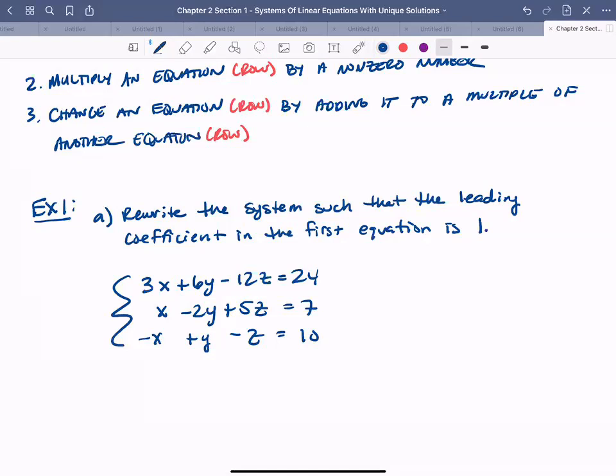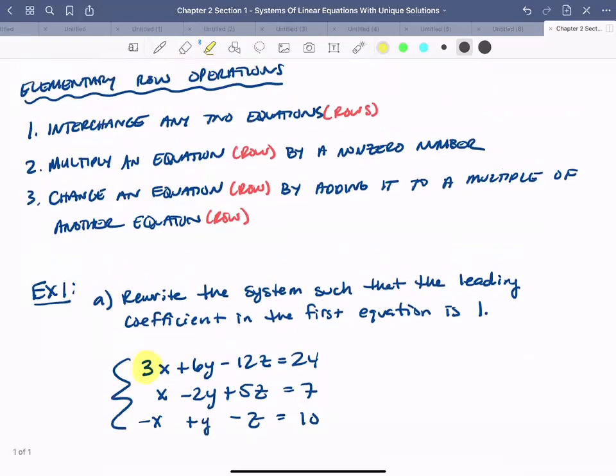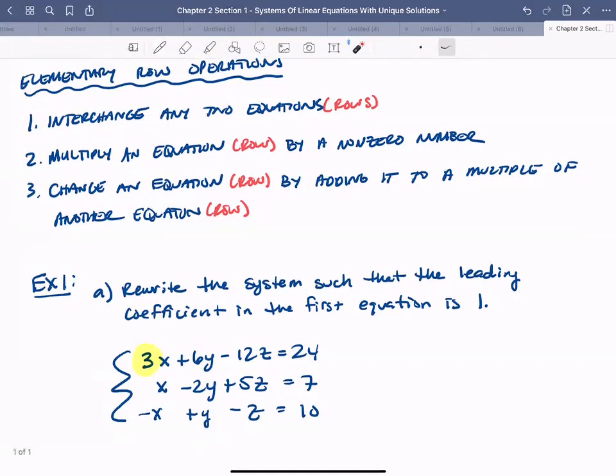Now, again, they all look like equations. What we're trying to do is get the leading coefficient in the first equation to be 1, by using one of our 3 rules for row operations. We could interchange and make this one become the first because the leading coefficient here is 1.